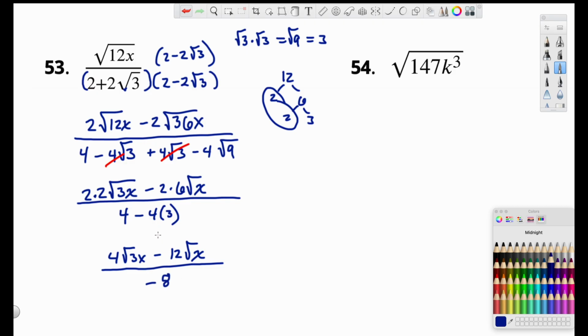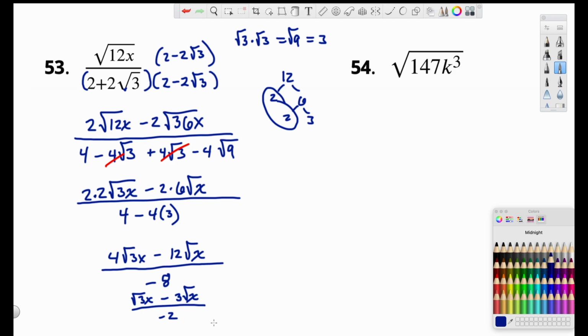Okay. Now, we can simplify some things here, and I don't like a negative in the denominator, so let's say we can take out a 4 here, top and bottom. So this would be root 3x minus 3 root x over negative 2.